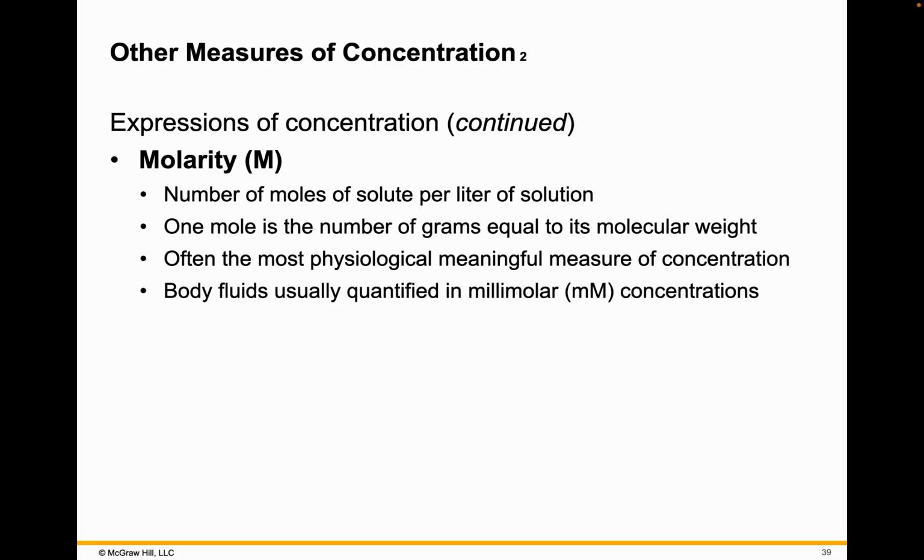A mole happens to be 6.02 times 10 to the 23rd. So 1 mole of the substance you have is equal to its molecular weight. So if you have 1 gram of hydrogen, turns out you happen to have 6.02 times 10 to the 23rd atoms of hydrogen. So that's 1 mole.